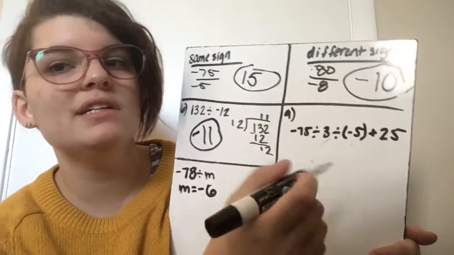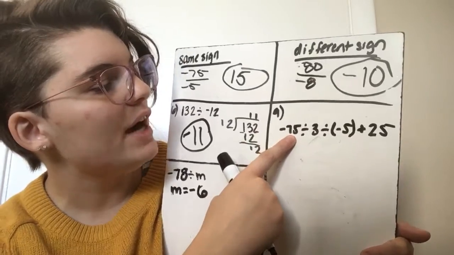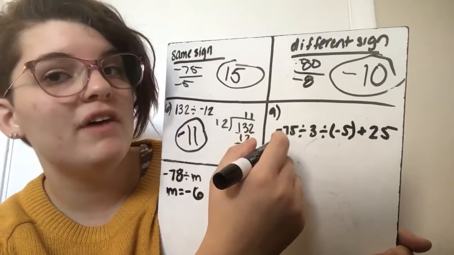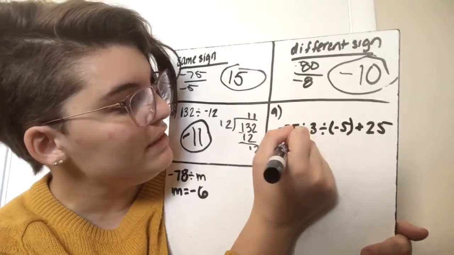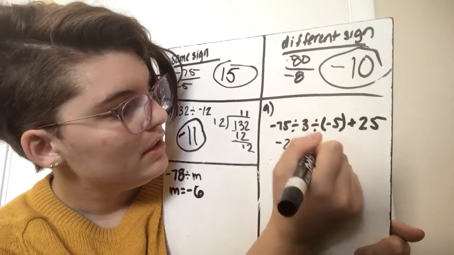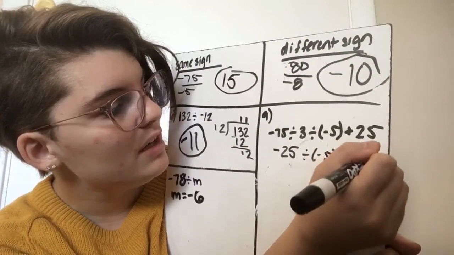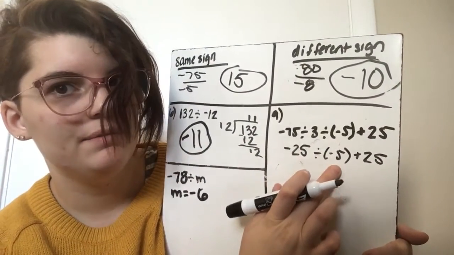So in order of PEMDAS, division is before the addition. So I have negative 75 divided by 3. That would be 25, and then I have negative and positive, so my answer is negative 25 divided by negative 5 plus 25. So then we have negative 25 divided by negative 5.